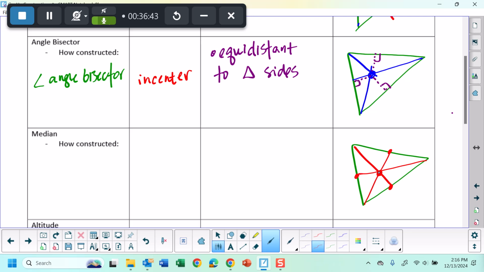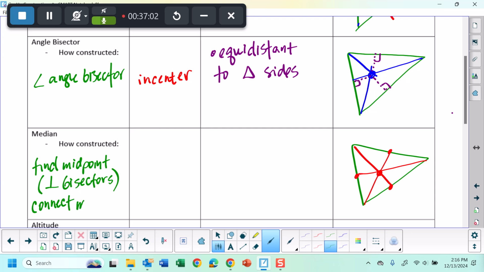So when I go to construct these, I need to find the midpoint, and I do that through my perpendicular bisectors, and then I connect my midpoint and opposite vertex. The name of the point of concurrency is called the centroid.